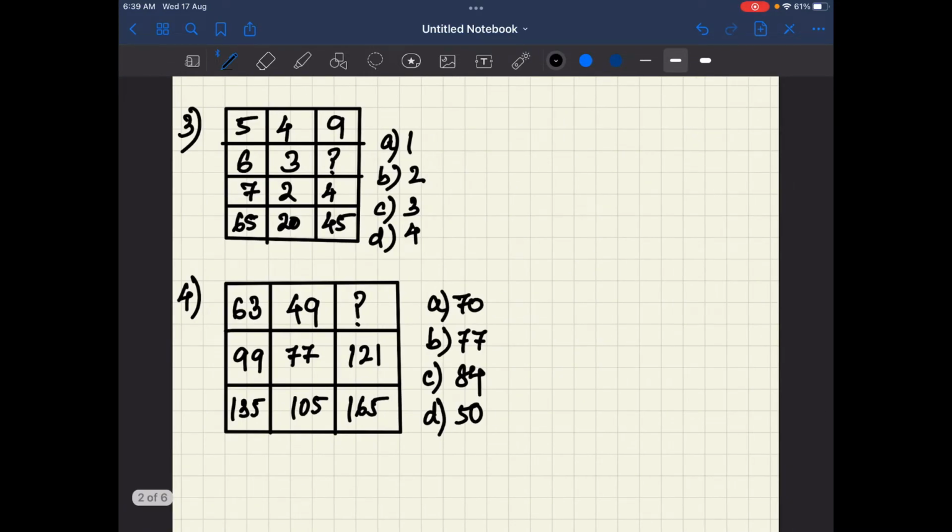Now let's see the third question. Here the answer in the last column is 65, 20 and 45. After seeing the question, we can understand that some operations are going on between the columns, so that the resultant last row is nothing but the result of these operations.